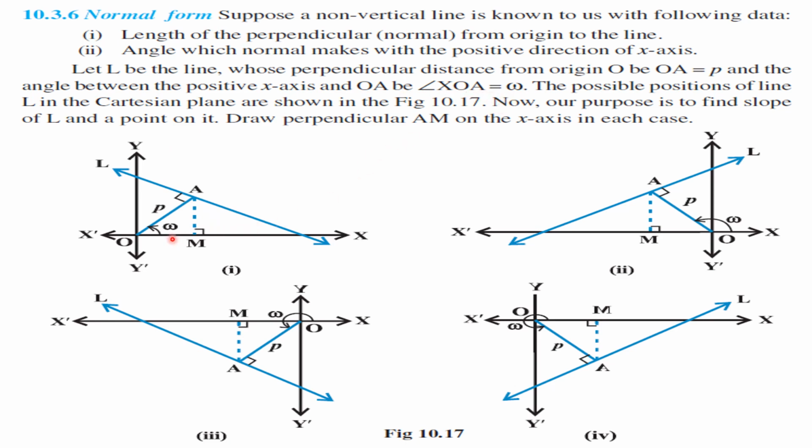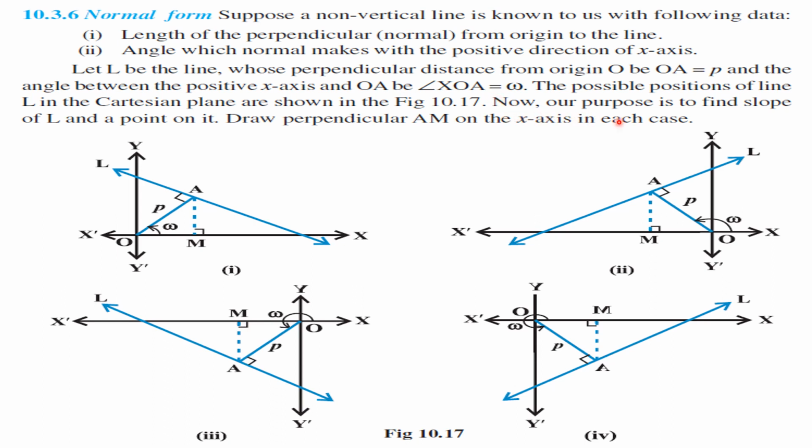Understood this point? This is the angle made by the line OA, that is omega. The possible positions of the line L in the Cartesian plane are shown in figure 10.17. There are 4 possible positions of the line.